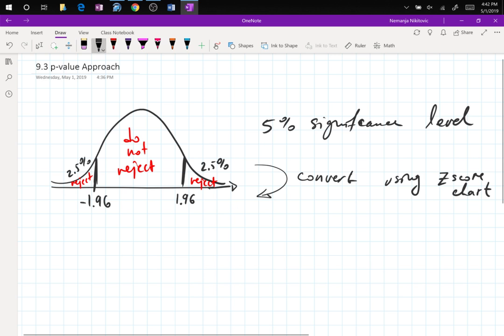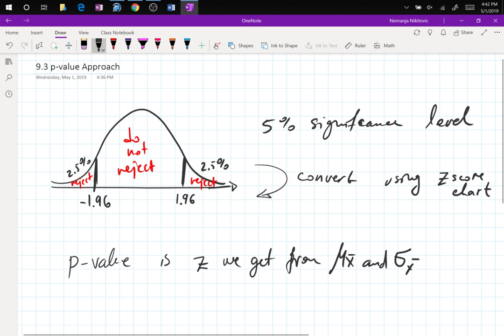Now your p-value is the z we get from mu x bar and sigma x bar and the data. Then that value is going to fall somewhere in this picture.